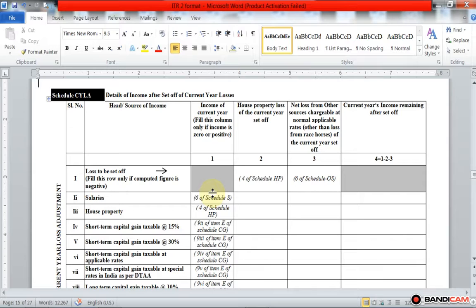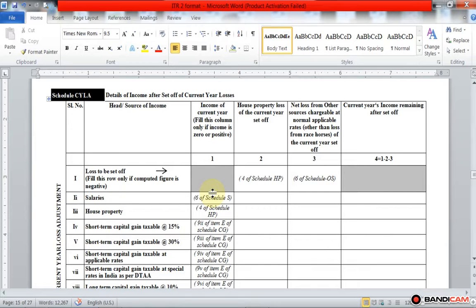Inter head means the loss can be set off against any other head of income. Heads of income we already studied: first one is income from salary, income from house property, income from business and profession, capital gains, and fifth one is income from other sources.